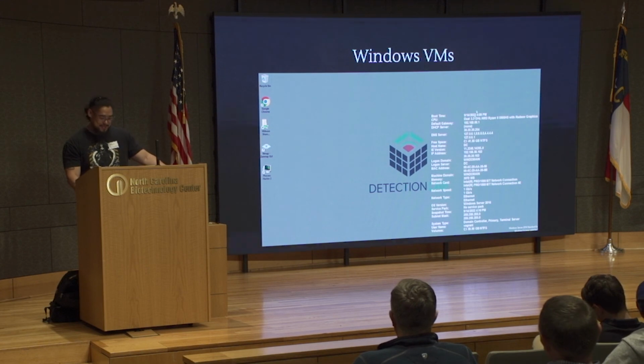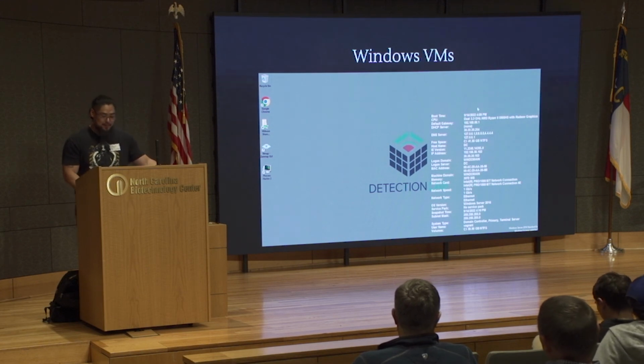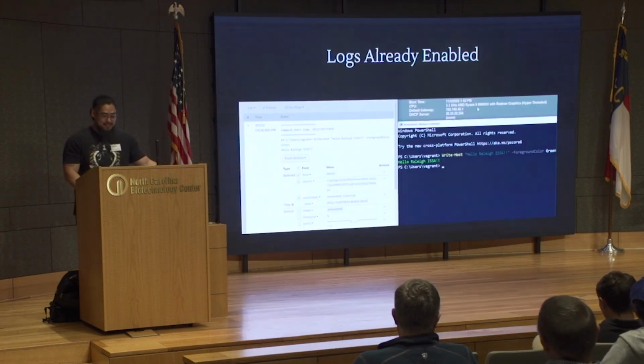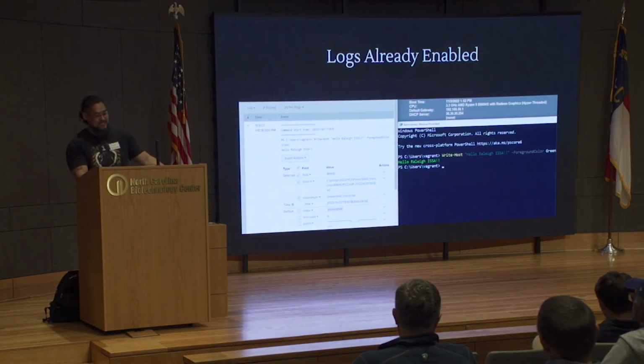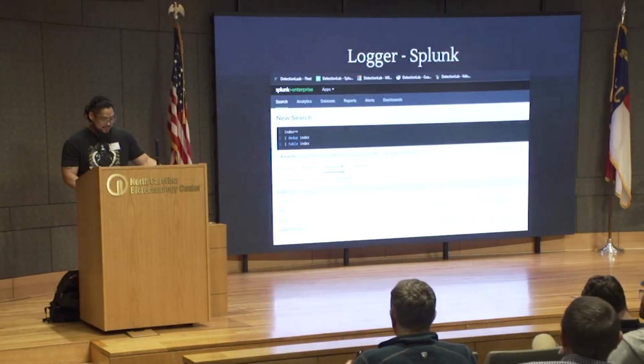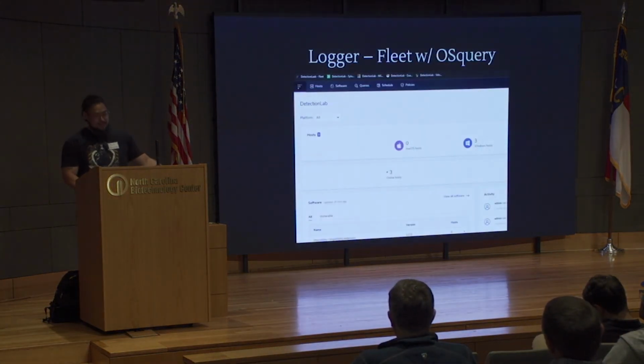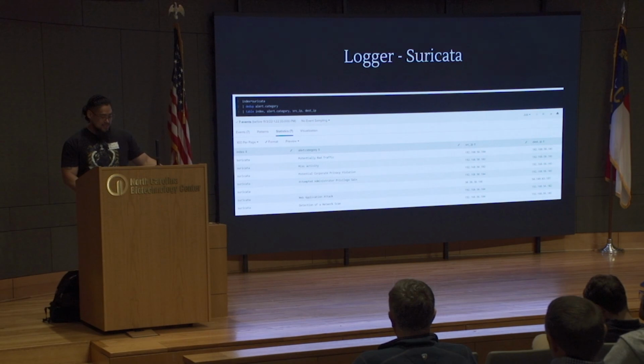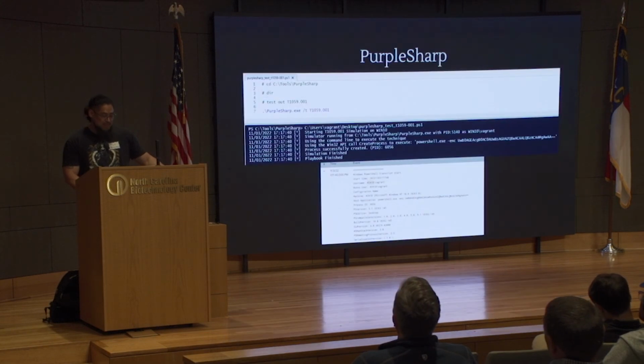So here's a picture of what a successful deployment looks like. Logs are already enabled. Here's the PowerShell that I ran, and then the log that shows it in Splunk. Velociraptor, Splunk, Logger Fleet, Suricata. Still got to find that public IP and why it populated. PurpleSharp.